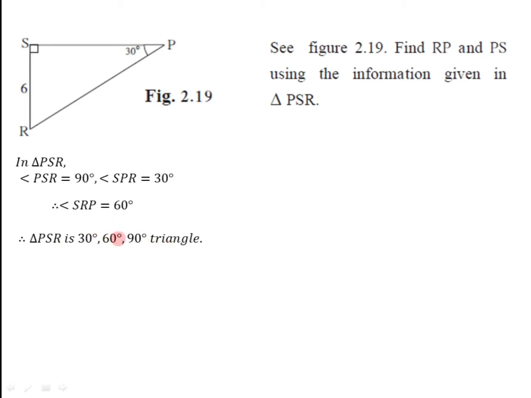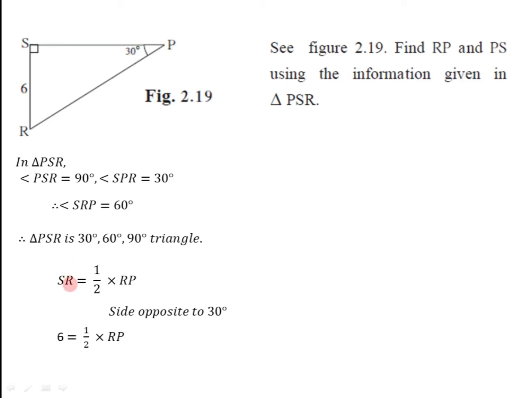By that we know that side opposite to 30 degree is half of the hypotenuse. So side opposite to 30, that means side opposite to angle P is SR. So we have SR is equal to half of the hypotenuse. In this right angle triangle, hypotenuse is RP, because it is a side opposite to right angle. So we have SR is equal to 1/2 of RP, as SR is a side opposite to 30 degree. So we have the value of SR, that is 6.